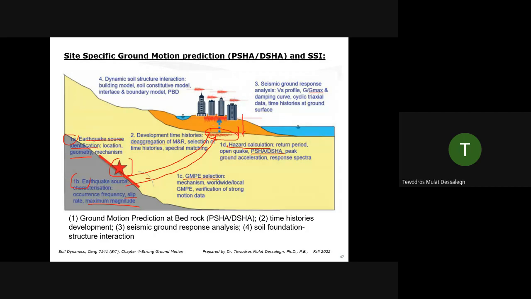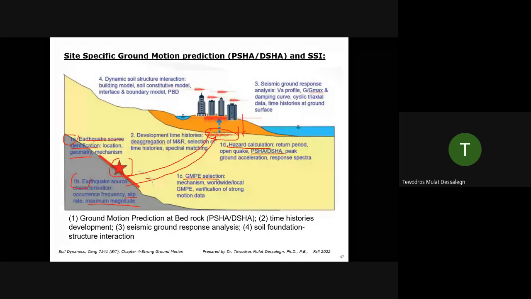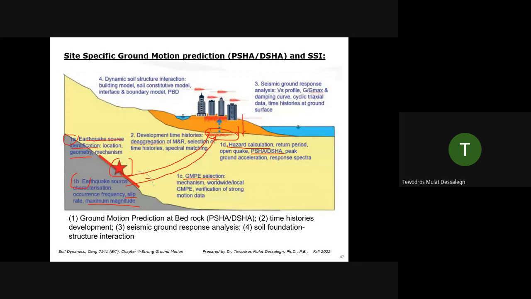Once you get the input motion at the bedrock, you do SSI, soil structure interaction. You analyze it as free field without the structure or with the structure, and take the motion from bedrock to the foundation of the building. Then assume some springs, pass it to the structure, and see the behavior of the structure.